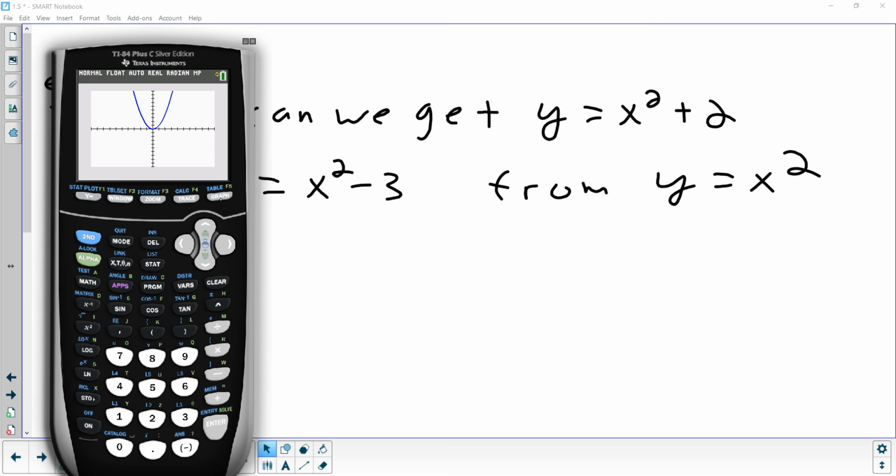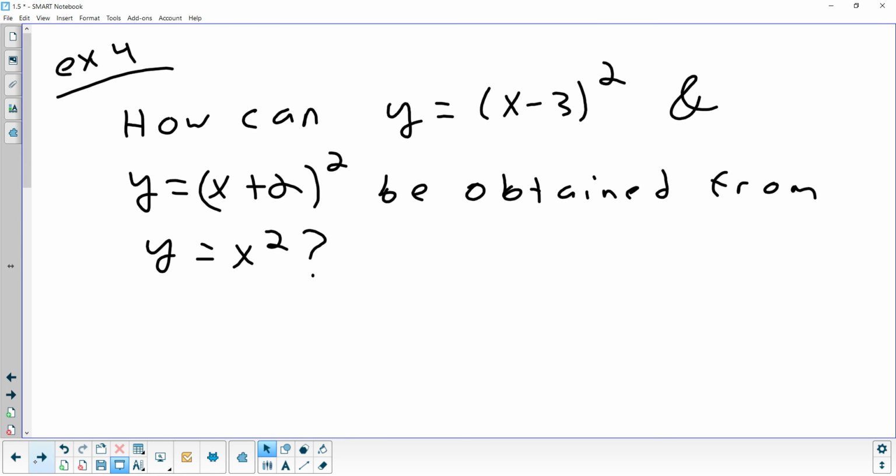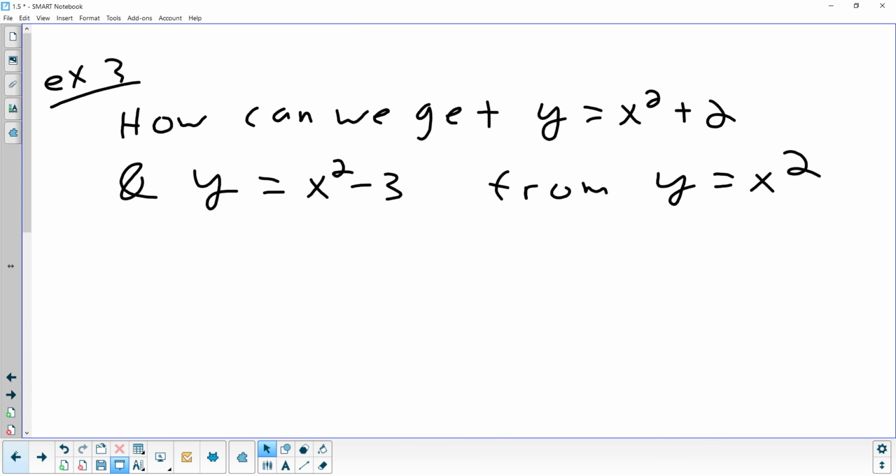So the key is when you add something outside of the function, it moves it up and down. Okay? And what I mean by outside is what I have there. That's adding inside the squared function. That's going to do something else. All right?